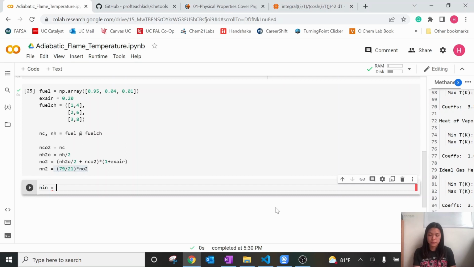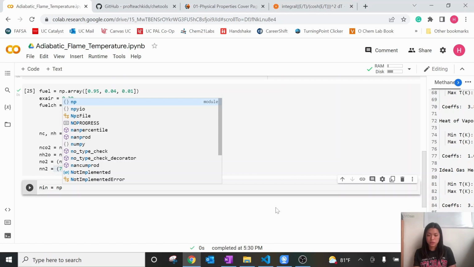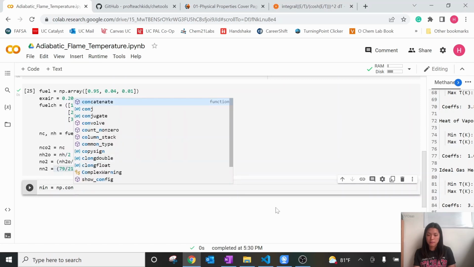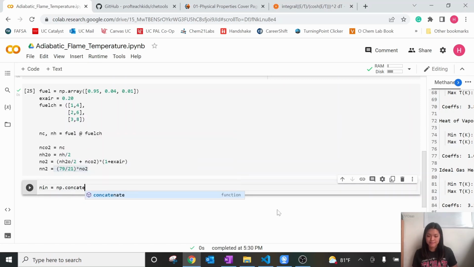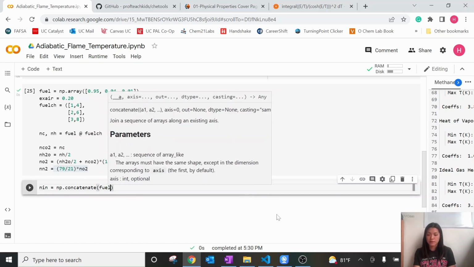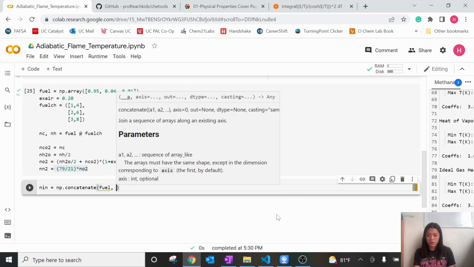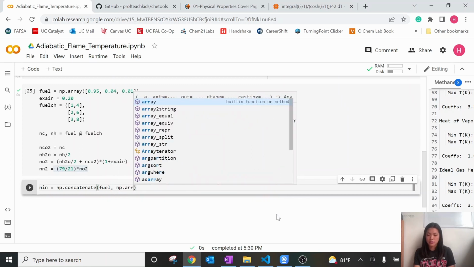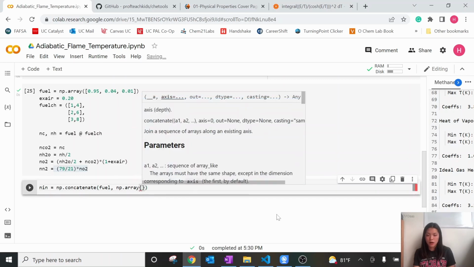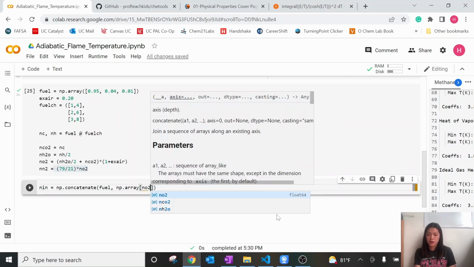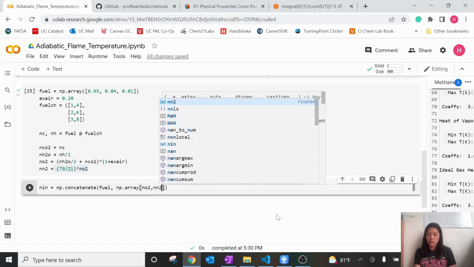So we're going to combine these two arrays, and we're going to use np.concatenate, not consecrate, concatenate, and that's going to combine two arrays. And so we want to combine fuel with np.array of the NO2 values and the NN2 values.